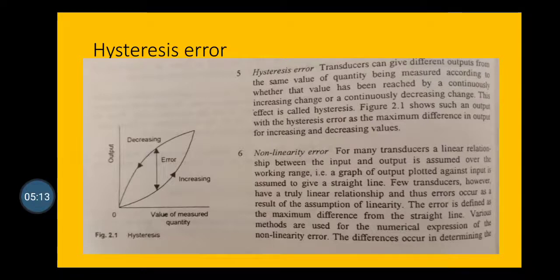Next one, hysteresis error. Here, transducers can give different outputs from the same value of quantity being measured, according to whether that value has been reached by a continuously increasing change or a continuously decreasing change.